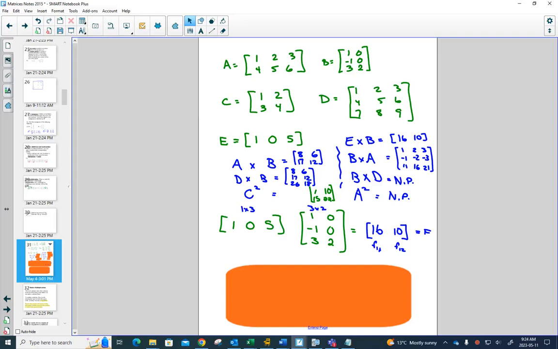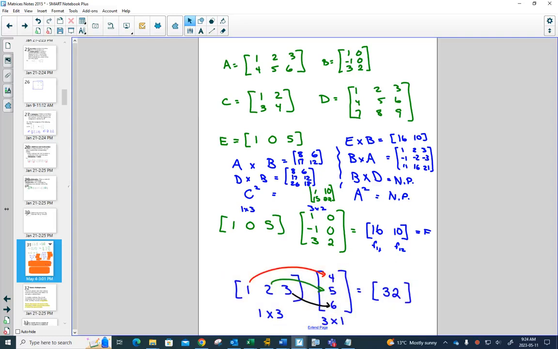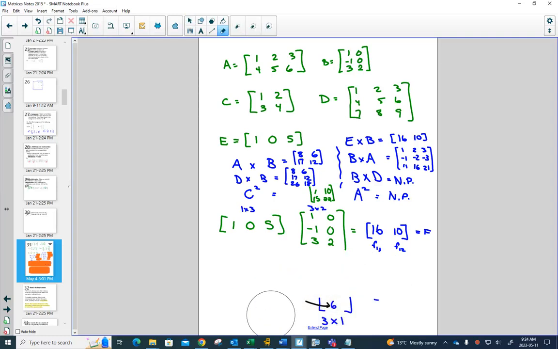E is a 1 by 3 and B was a 3 by 2, and you're allowed to multiply those together. So there's something that works in that one that allows you to multiply. You saw it, right? There's something that allows you to multiply those.